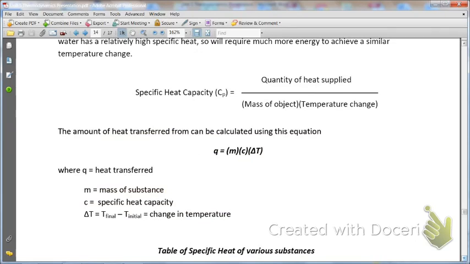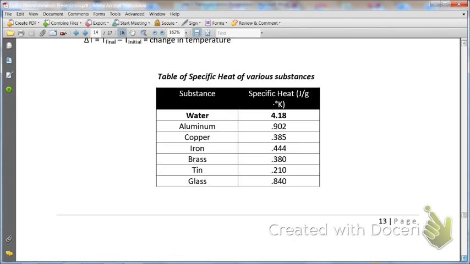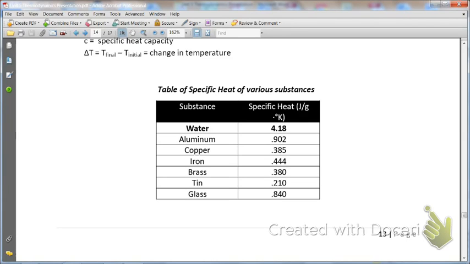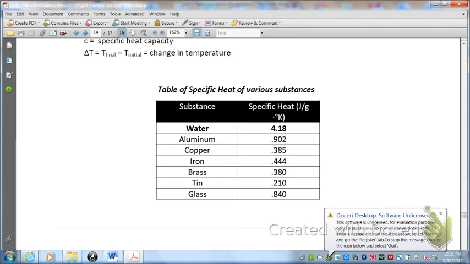All right, lastly, there's a table here in your notes. You don't need to memorize this table other than one of these substances. I would like you to essentially know the specific heat of water, which I have highlighted.